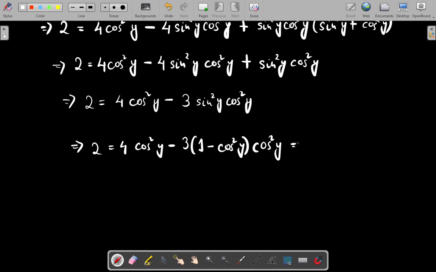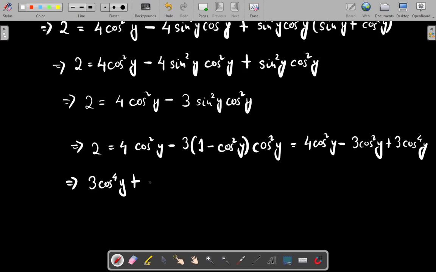Okay, so this becomes 4 cos square y minus 3 cos square y, and this minus 3 times minus becomes plus 3 cos to the power 4 y. Okay, so if I take all the terms to the right hand side, this becomes 3 cos to the power 4 y plus cos square y minus 2 is equal to 0.